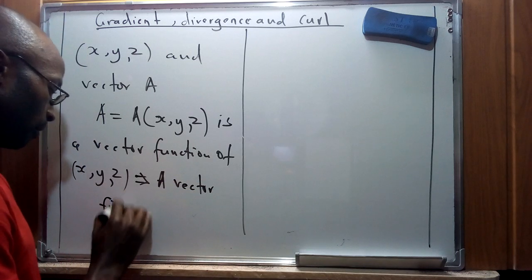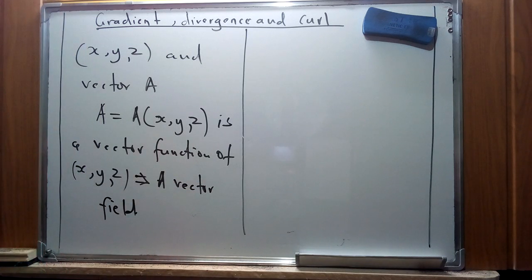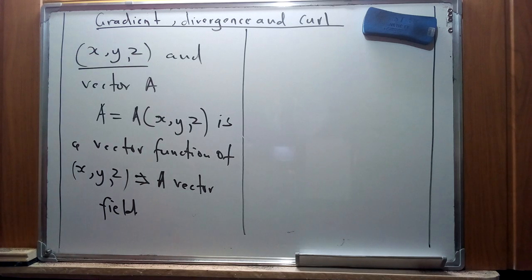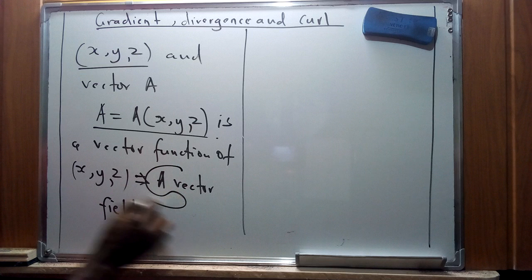Now, using the same analogy, we had looked at the concept of differentiation and talked about a vector function of a scalar variable, which corresponds to a vector A. But in this case, we are using the points of the coordinate system, that is x, y, and z, that has a corresponding vector A, and therefore we can describe the relationship that I've illustrated on the board as a vector function of x, y, z, which is the concept of a vector field.